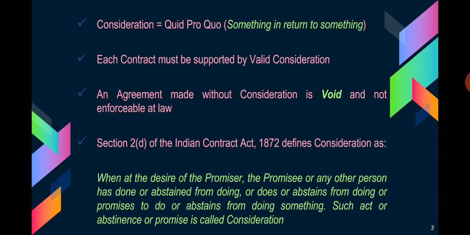Now, there was a landmark judgment in the year 1875, quite an old judgment, which is Currie versus Misa. It was delivered by the English courts, wherein consideration was defined as a valuable consideration, in the sense of the law, which may consist either in some right, interest, profit, or benefit accruing to one party, or some forbearance, detriment, loss, or responsibility given or undertaken by the other party.